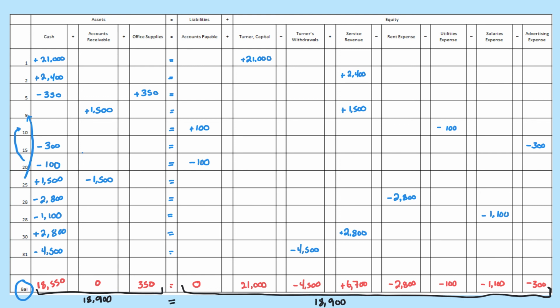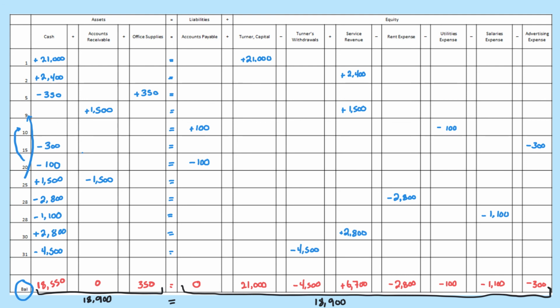These are equal, then it's balanced. So if it's not balanced, you might have made a mistake, okay, and you need to check your balances again. If your balances are correct, then you need to check your transactions. You need to make sure that for each transaction the accounting equation is still balanced.